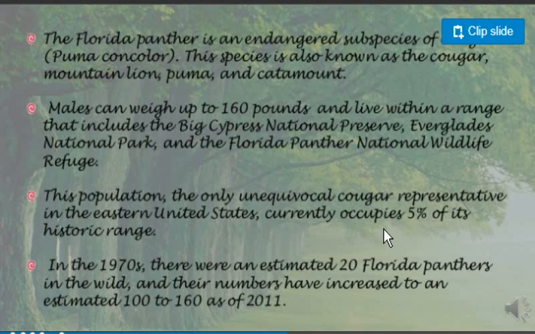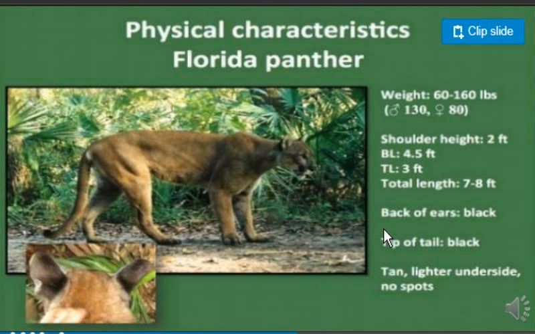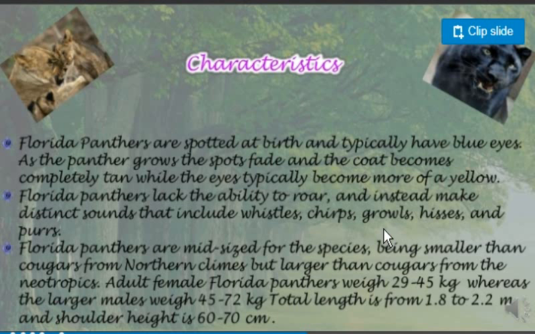In the 1970s, there were an estimated 20 Florida panthers in the wild, and their numbers have increased to an estimated 200 to 260 as of 2011. So here are given the characteristics of Florida panthers.